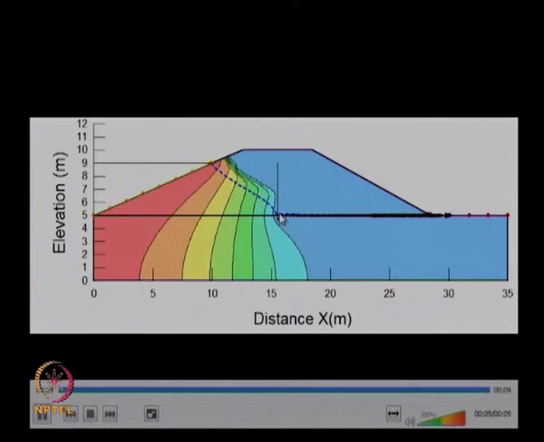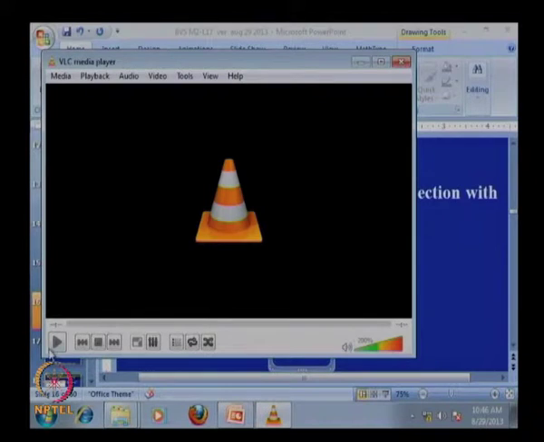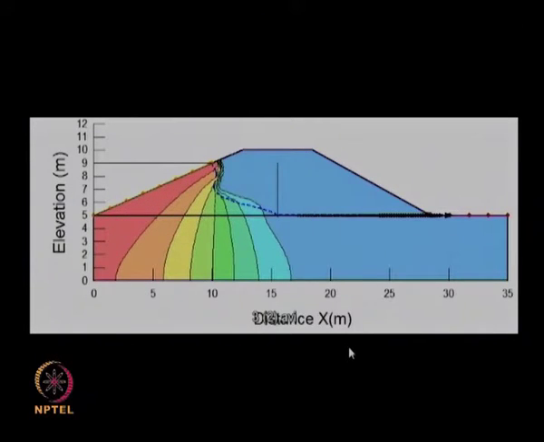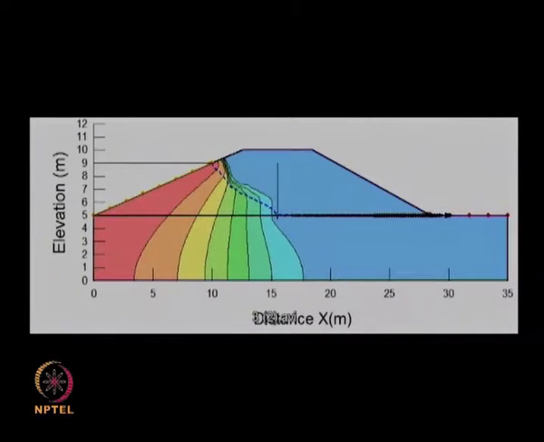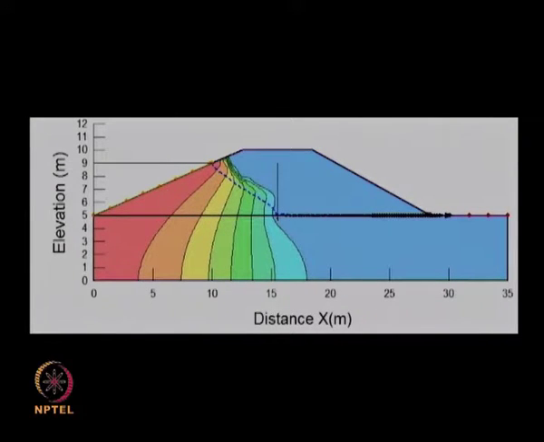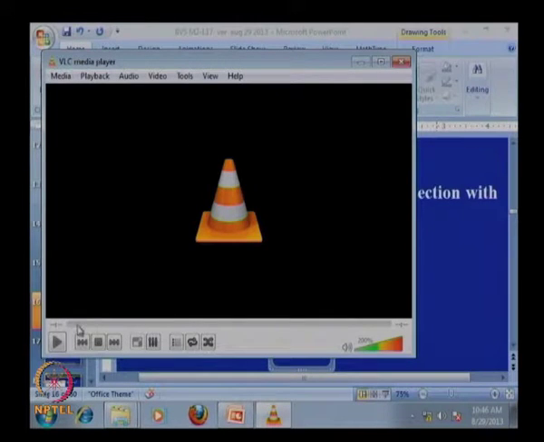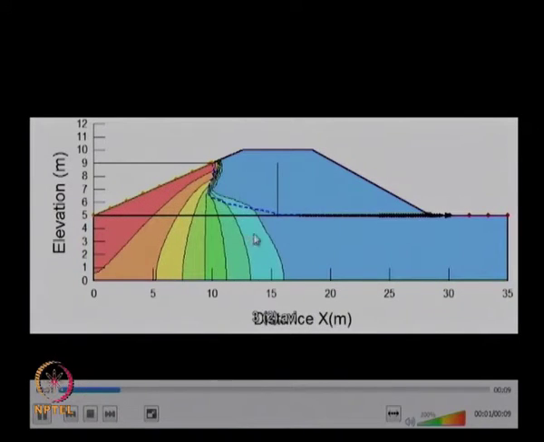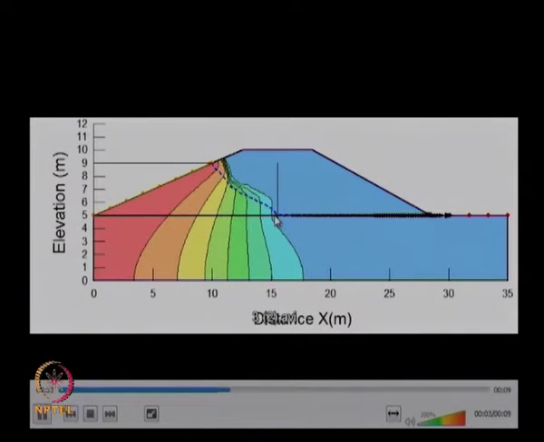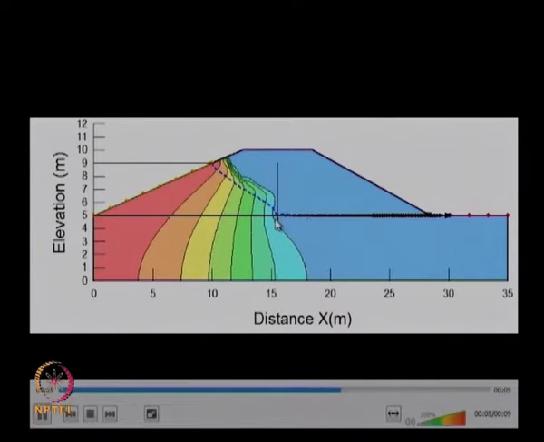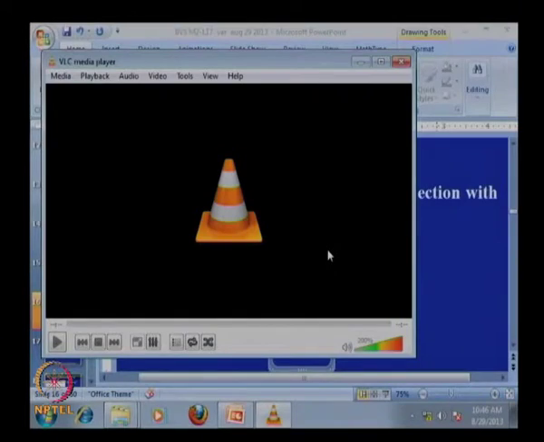As we observed in the physical simulation, it meets in a similar way, and the flow is contained within the dam itself. You can see here this is the phreatic surface which developed. Otherwise, previously we were seeing that the phreatic surface goes out here. So this indicates the importance of having appropriate filters within the dam sections.